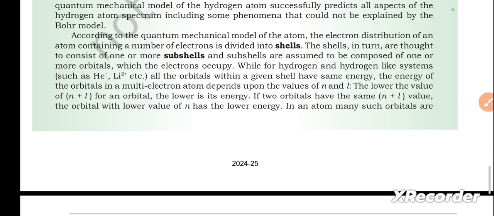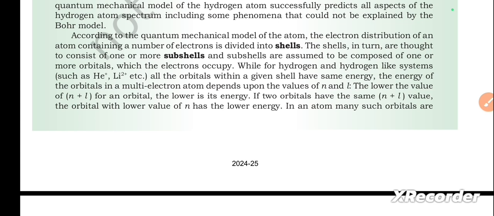According to the quantum mechanical model of the atom, the electron distribution of an atom containing a number of electrons is divided into shells. The shells in turn are thought to consist of one or more subshells, and subshells are assumed to be composed of one or more orbitals which the electrons occupy.